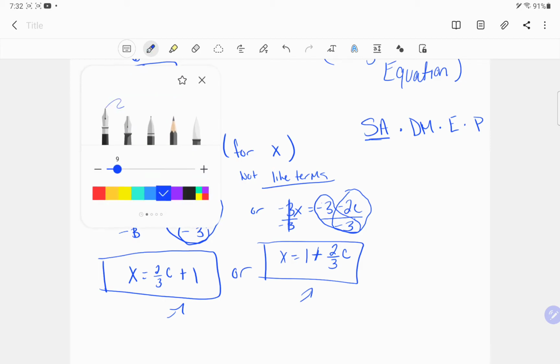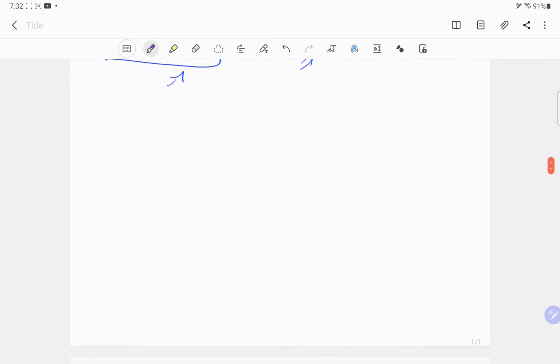We'll do one more example. Let's look at u equals a k over b.